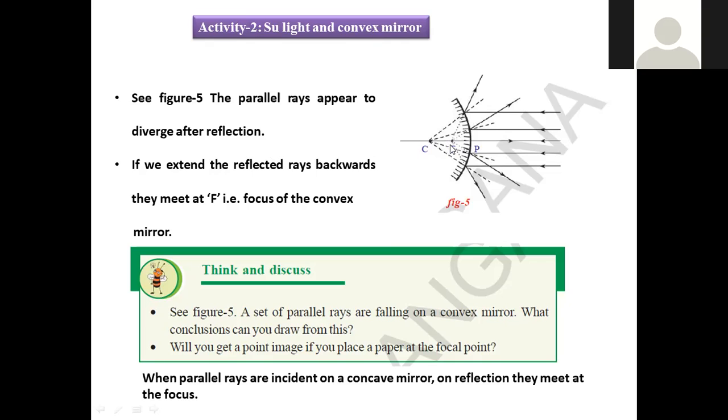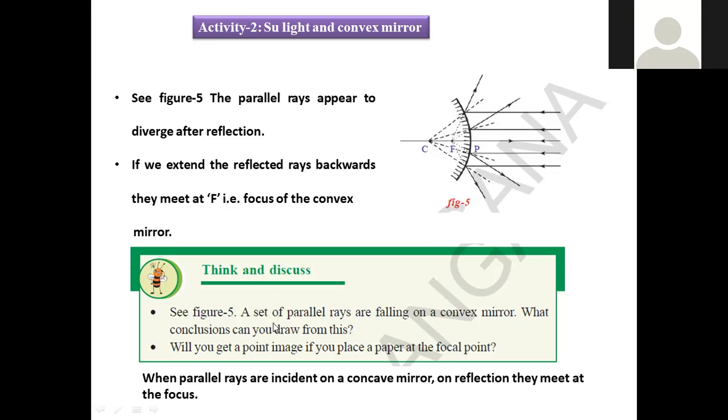Here the focus point is indicated inside the mirror, and what we are getting is called the focus or focal point. If we are extending the reflected rays backward to the focus of the convex mirror, what happens? The size of the image will be diminished. A convex mirror always gives an image of the object smaller than its original one, right? So that is the conclusion we drew.